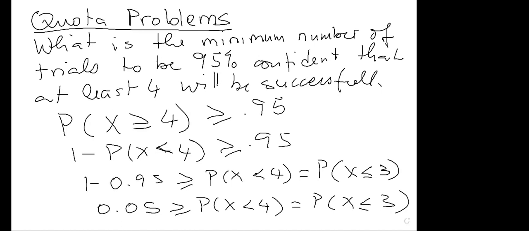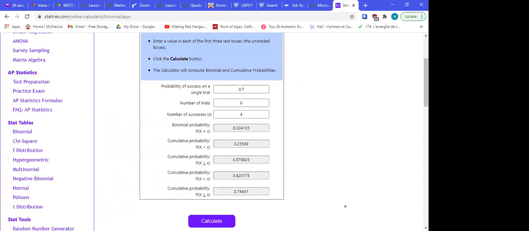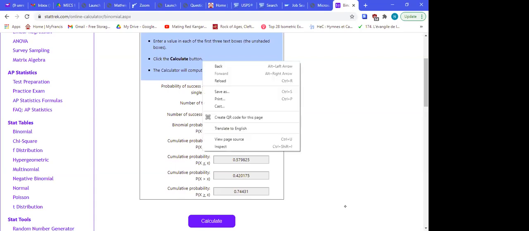So if we have 6 trials, what is the probability that x is less than 4? This is the probability that x is less than 4, right?